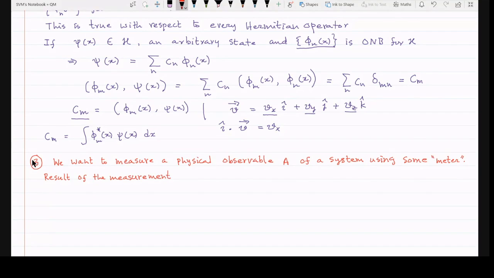actually you cannot say what is the result of the measurement. The result of the measurement belongs to the set of eigenvalues. What is going to be the result? That is something which we cannot say, but the result, what you read in the meter, is one of the eigenvalues.